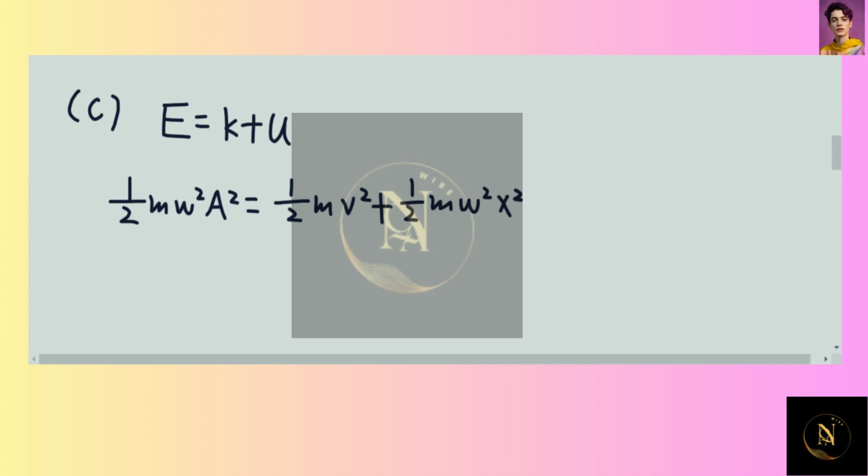And so in this case, the displacement is equal to half the amplitude. So therefore, we have x squared is equal to a squared over 4, or you can say 1 over 4 a squared.